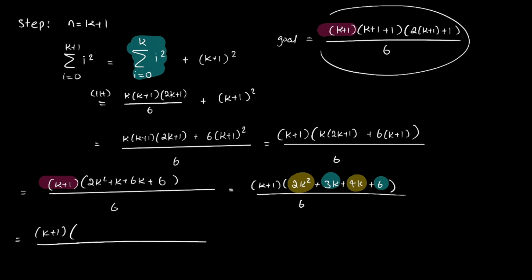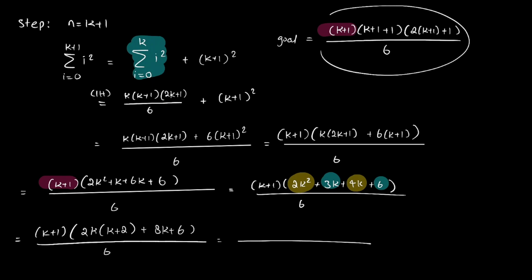So if we take the 2k squared and 4k and take the factor of 2k out, we're going to be left with 2k times k plus 2, and then plus 3k plus 6 over 6.